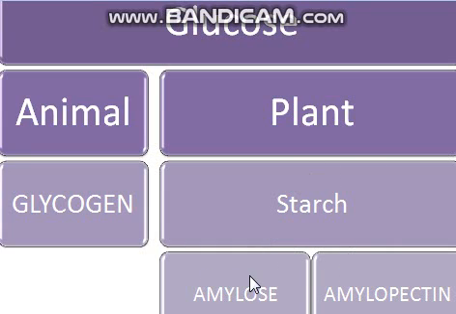So if you go with the differentiation among these three things: if the glucose units are combined in a linear chain through the alpha 1,4 glycosidic linkage, then it's a case of amylose. That is, if you combine the glucose monomers in a straight chain, it's amylose.